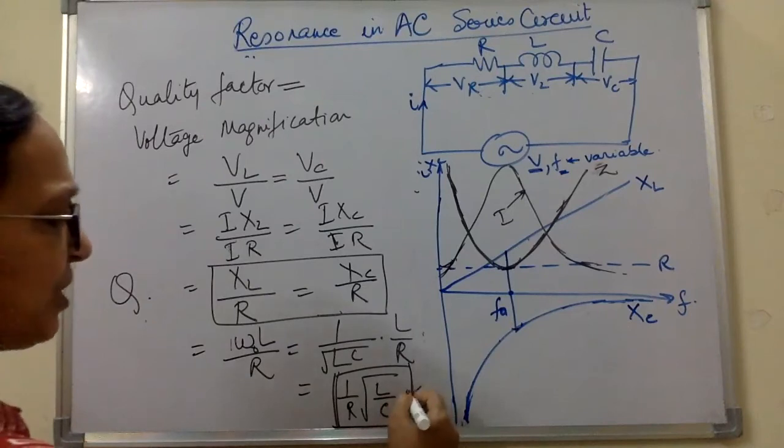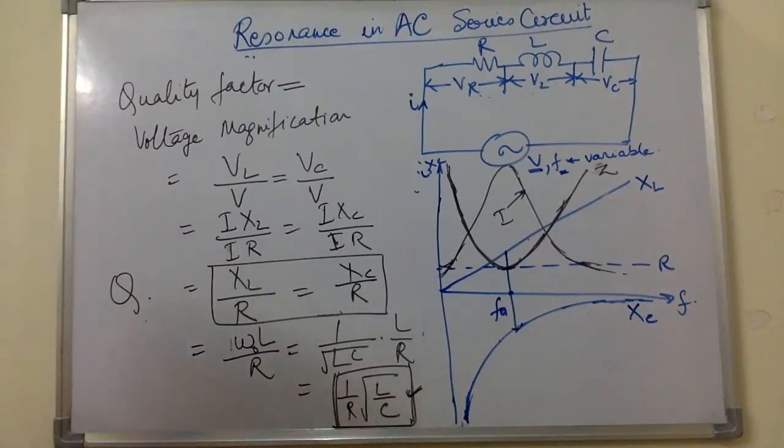Why is this expression important? Because we can define the quality factor of the given circuit independent of the supply system, and it's only dependent on the circuit parameters. So with the help of the circuit parameters also, they can define the quality factor of the given circuit.